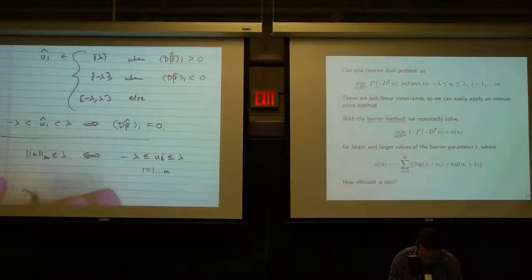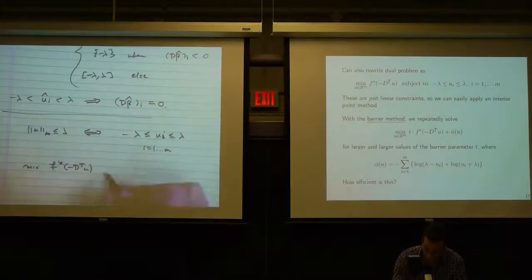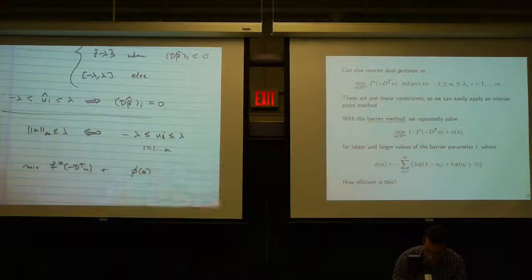So instead of minimizing f star of minus t transpose u subject to either one of these constraints, I'm going to add on a log barrier function. That's going to be phi of u. I'll put the barrier parameter in front.